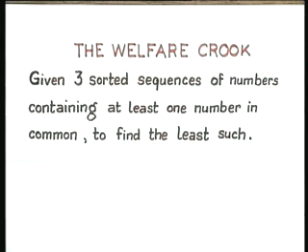I have stated a very prosaic and dull version of the problem, but the original problem is that there are 3 lists of employees at IBM Thomas J. Watson Research Center, students at Cornell University, and people in New York State who are drawing dole, government welfare, and unfortunately the laws they have in the country are such that you can't be a full time student and an employee at the same time, you can't be an employee and draw dole, you can't be a full time student and draw dole, and so on and so forth.